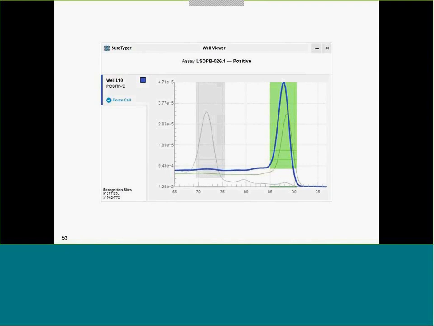What is very clear to me here, without looking at any other details, is this is not a negative well. I cannot accept this changing from positive to negative in order to make it fit these common allele patterns. So I'm going to take that out of the equation.